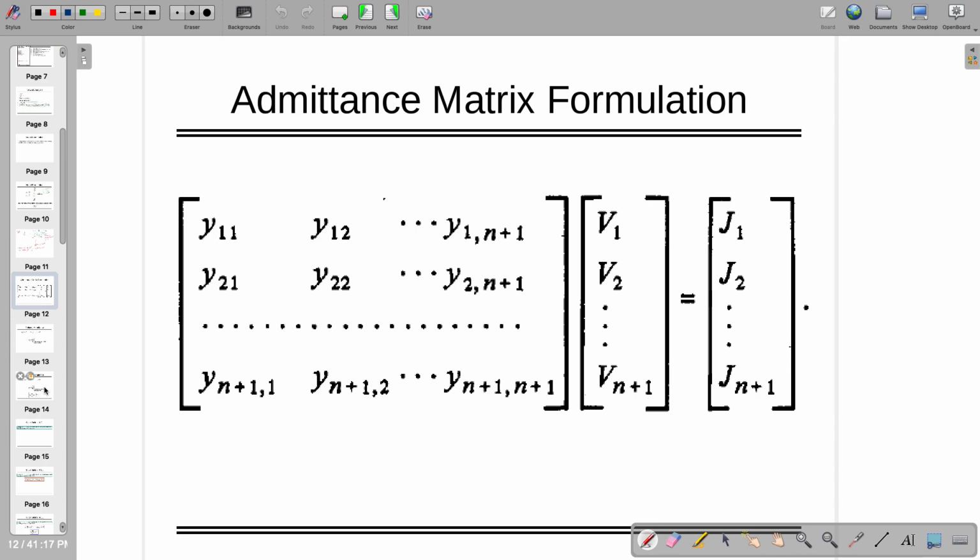Okay, when we write the admittance matrix, it will have n plus 1 cross n plus 1 entries, right? The first entry we call y11, then y12, progressively increasing till n plus 1. Another matrix is the voltage matrix, and on the other side we have the current matrix. So that's how this becomes YV equal to J. These are the notations we are defining right now.